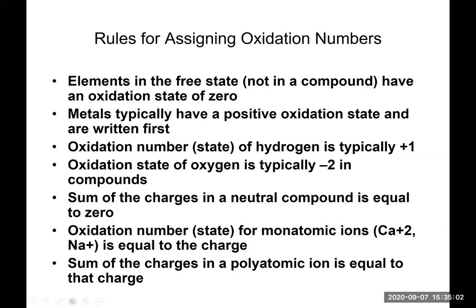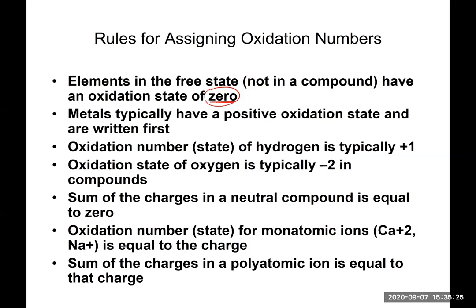So what are the rules for assigning oxidation numbers? For elements in the free state, the oxidation number is always 0. Metals typically have a positive oxidation state, and by convention they're written first in a chemical formula.